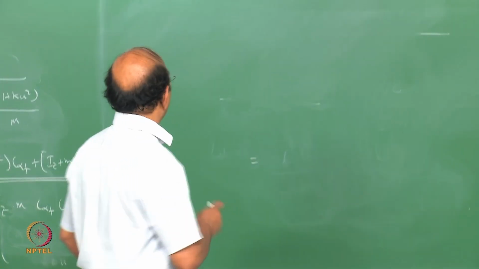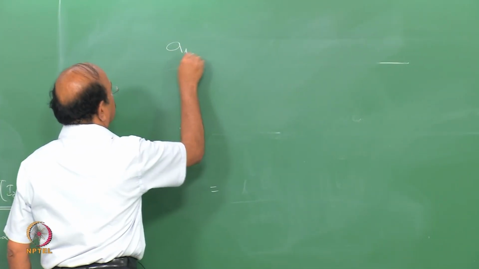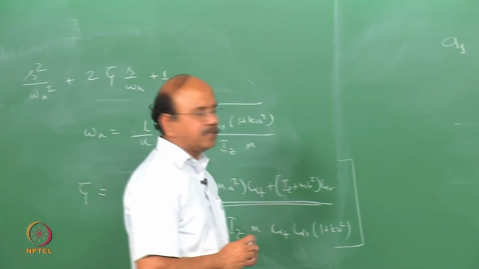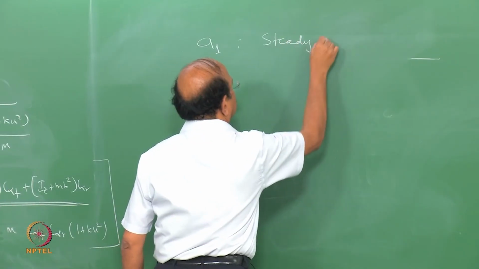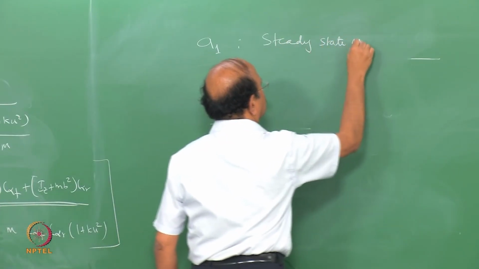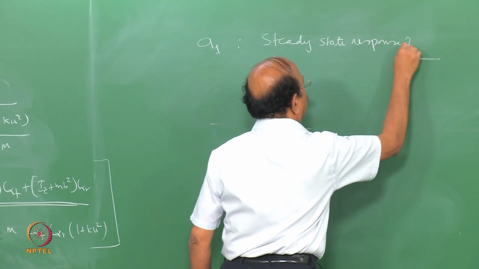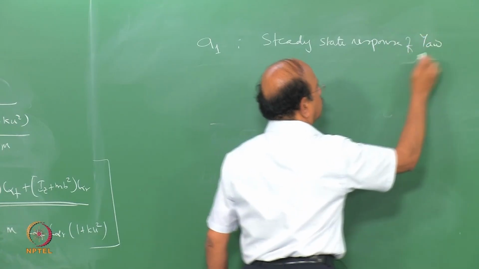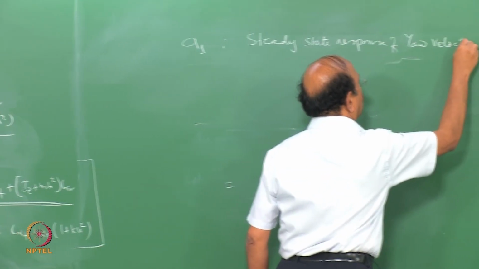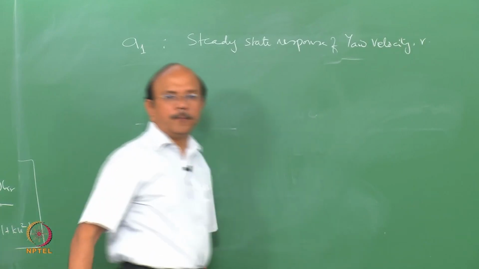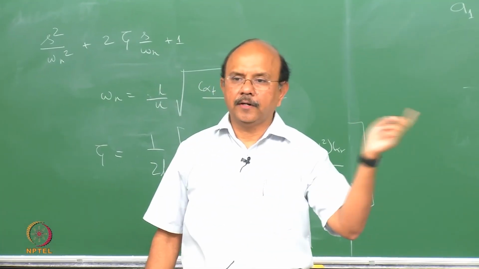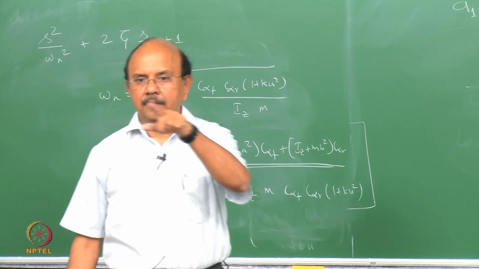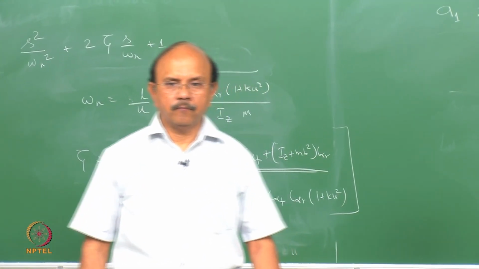One is, let me call that A1. All of this we have already derived. One is what is called the steady state response of your velocity r. Remember what this quantity was? V divided by L into 1 plus k u squared, which we just now wrote.